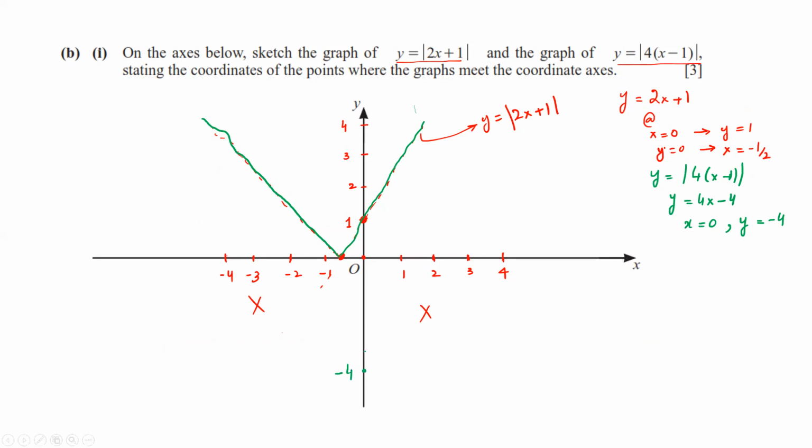And when your y is equal to 0, your x value is 1. So this graph is a straight line like this.